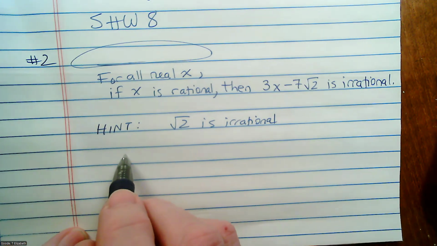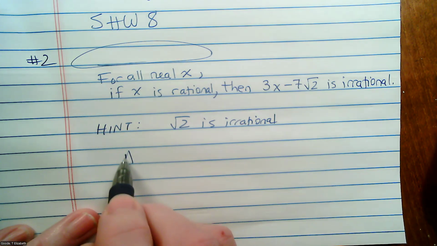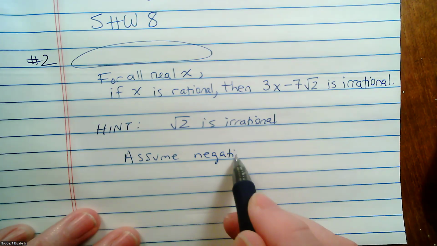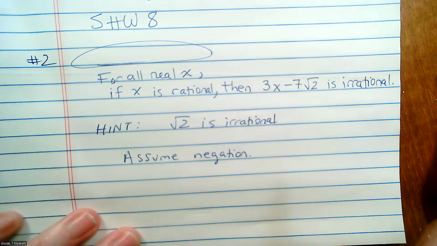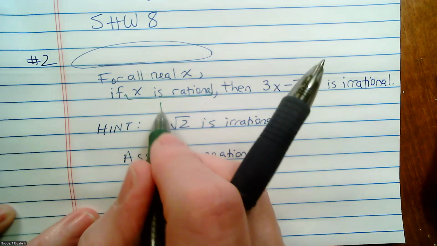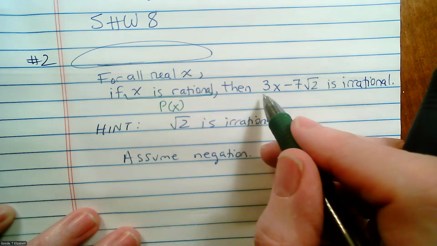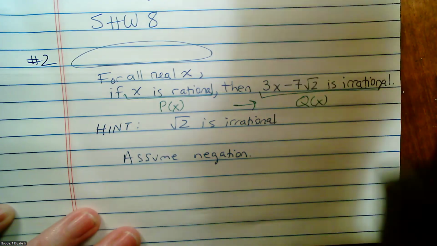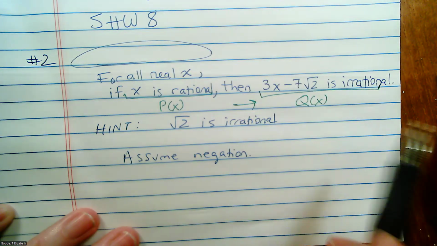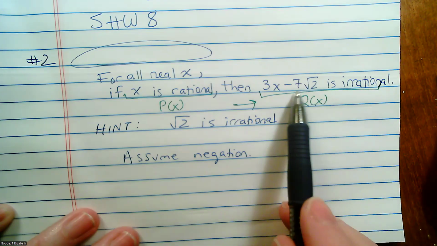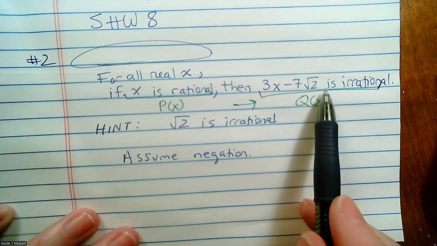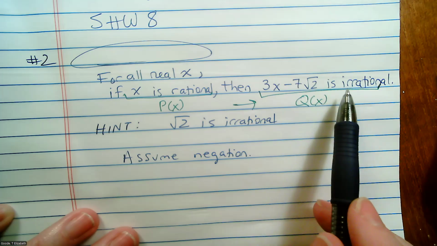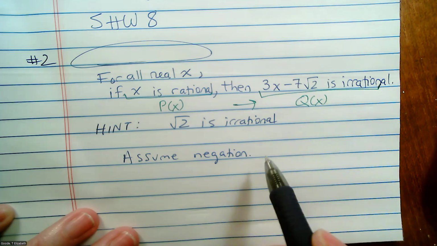So basically, assume the negation, which, since we have for all x, is: there exists an x such that x is rational and 3x minus 7 square root 2 is rational.